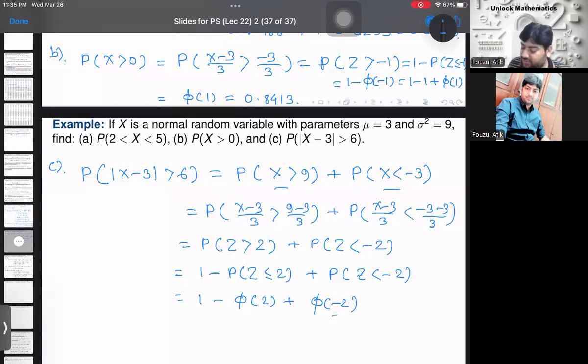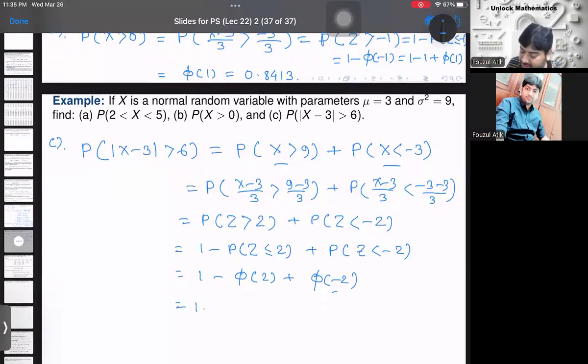But the minus 2 value we cannot calculate, so we'll apply again the same formula, because we know that phi of minus x is equal to 1 minus phi of x. So this value is 1 minus phi of 2, and therefore this value is 2 minus 2 into phi of 2.